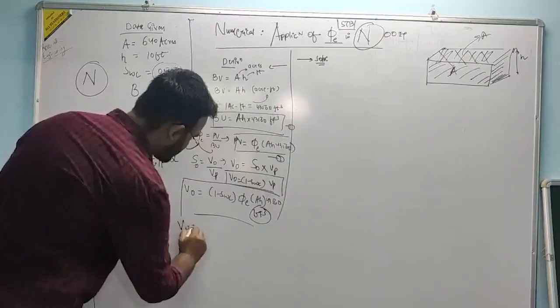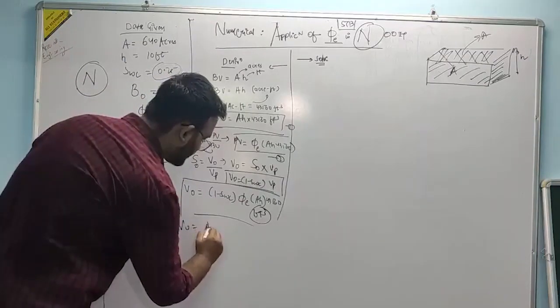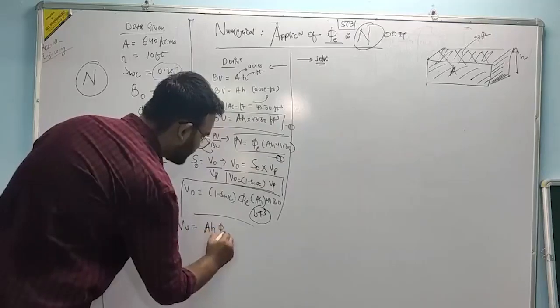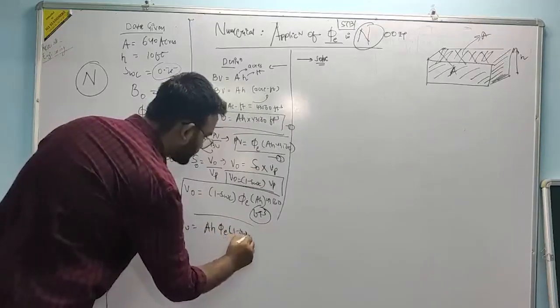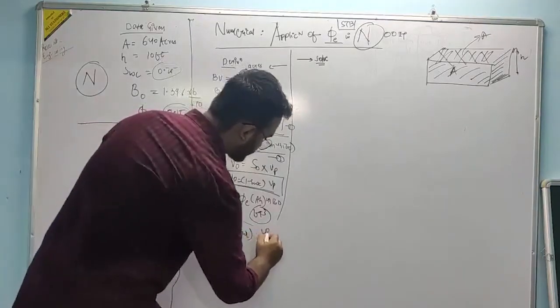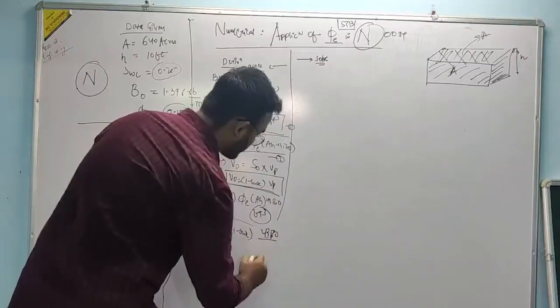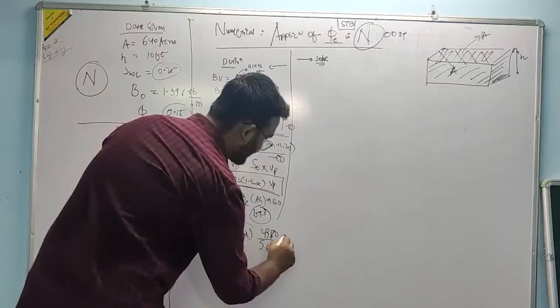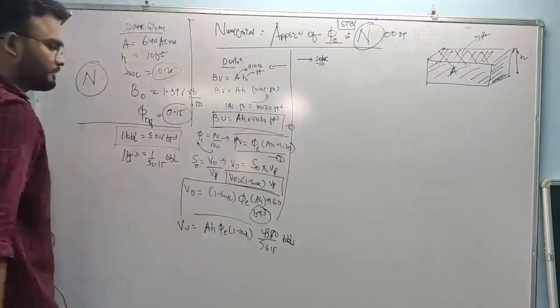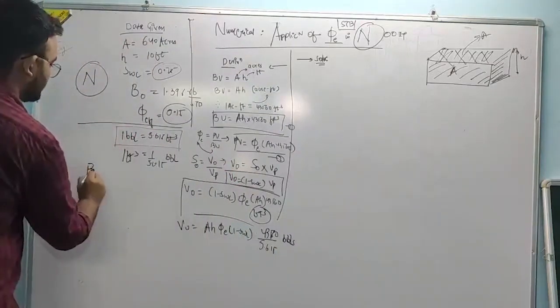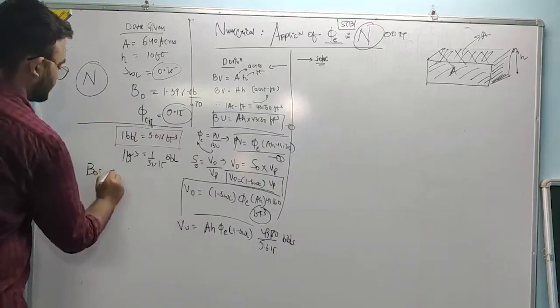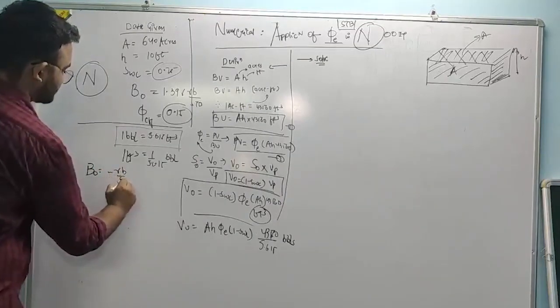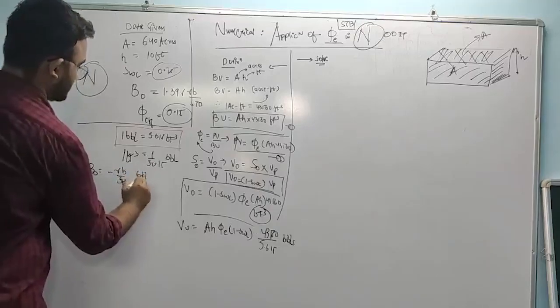So V_o becomes A H Phi 1 minus S_wc multiplied by 43560 upon 5.615 barrels. Now B_o has the unit of reservoir barrels upon STB.